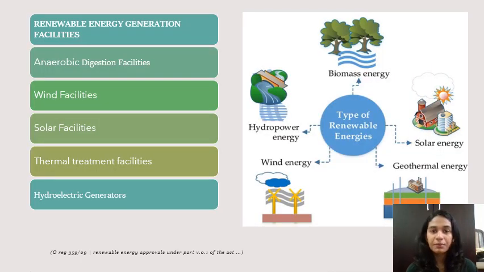Next I'm going to discuss the renewable energy generation facilities in green energy planning. The main facilities are anaerobic, wind, solar, thermal, and hydroelectric. I'll discuss them one by one. The first is anaerobic. These facilities use organic waste materials, mainly agricultural residues and food materials.